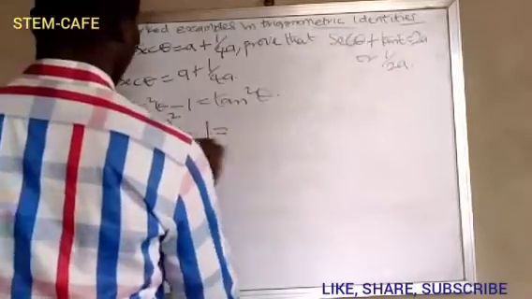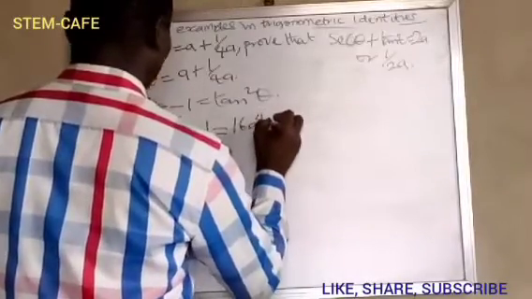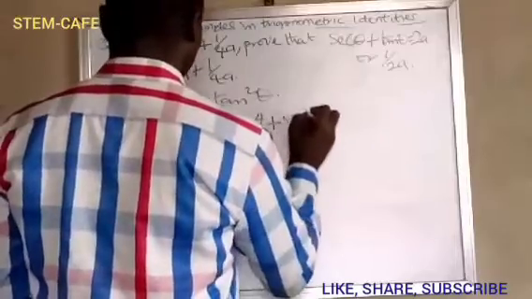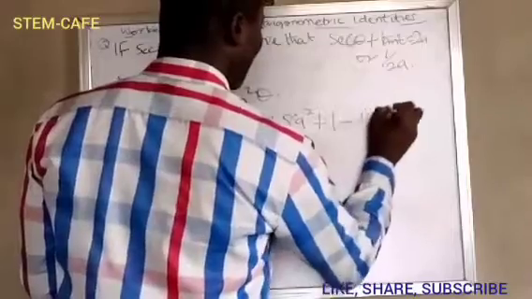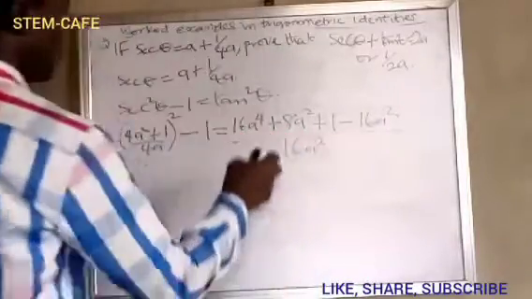It's going to be 16a raised to the power 4 plus 8a squared plus 1 minus 16a squared over 16a squared.